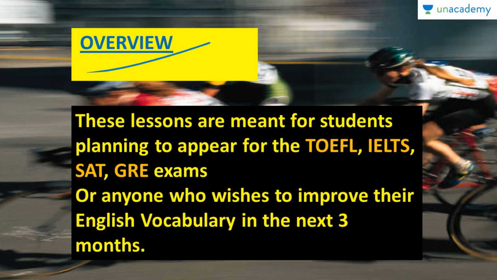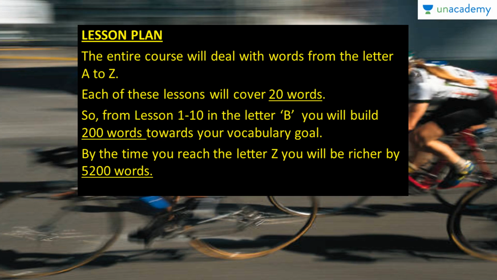Overview. These lessons are meant for students planning to appear for the TOEFL, IELTS, SAT, GRE exams, or anyone who wishes to improve their English vocabulary in the next 3 months. So let's get on with it, the lesson plan. The entire course will deal with words from the letter A to Z. Each of these lessons will cover 20 words.